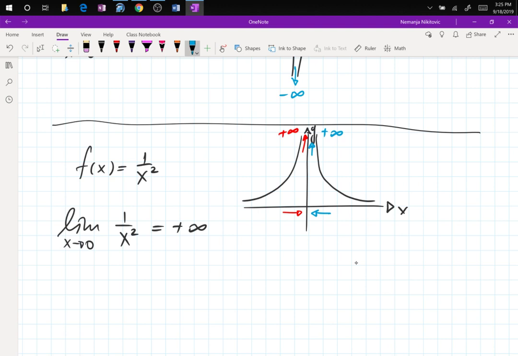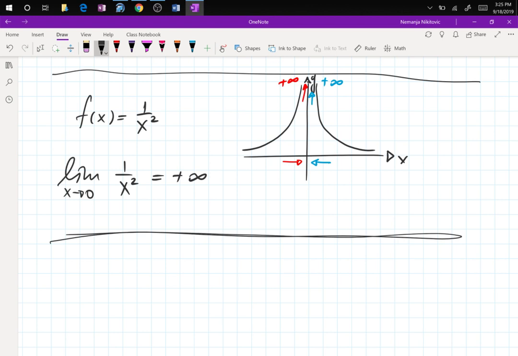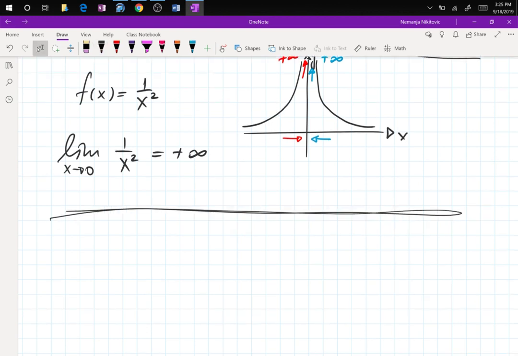One limit that you will have to use a graph to solve would be a limit that contains a rational function that is shifted. In general, you might run into a problem like x goes to 3 of 1 over x minus 3.